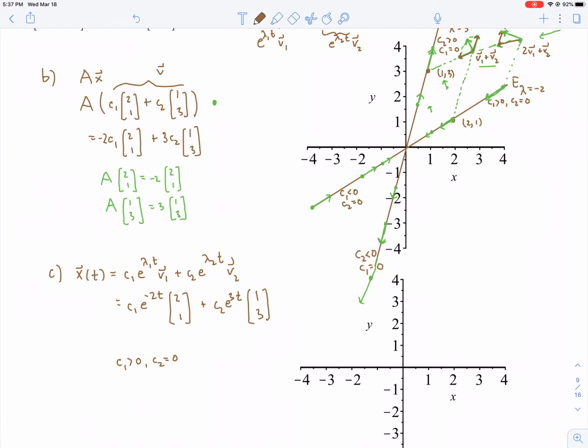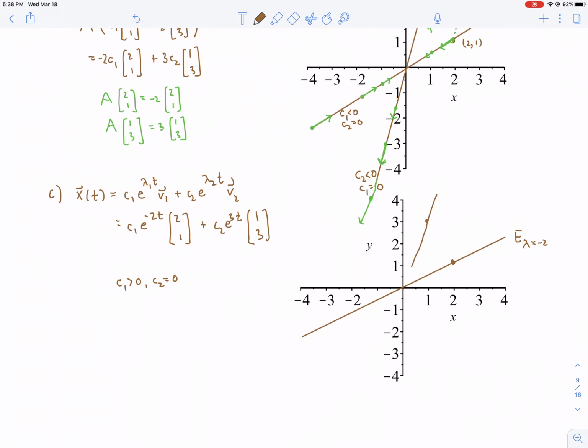So I'll just redraw the two eigenspaces because they're also going to be related to the solution trajectories, as we'll see in a second. So that's the -2 eigenspace, and that's the lambda equals 3 eigenspace.